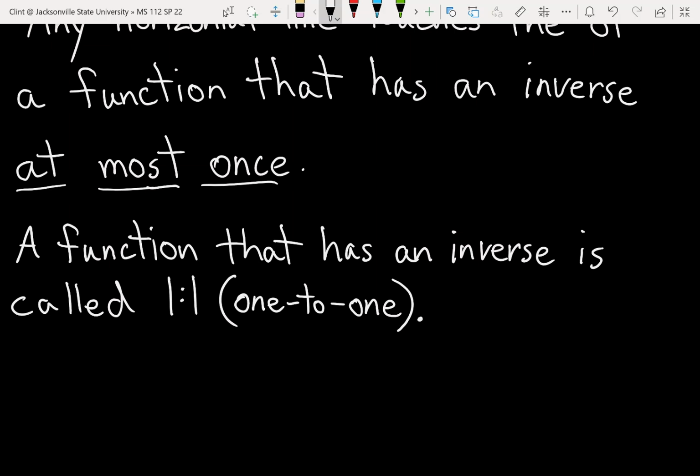So saying that a function is 1 to 1 is the same thing as saying it has an inverse. So a 1 to 1 function would pass the horizontal line test. If a function does not pass the horizontal line test, it is not 1 to 1, it does not have an inverse.